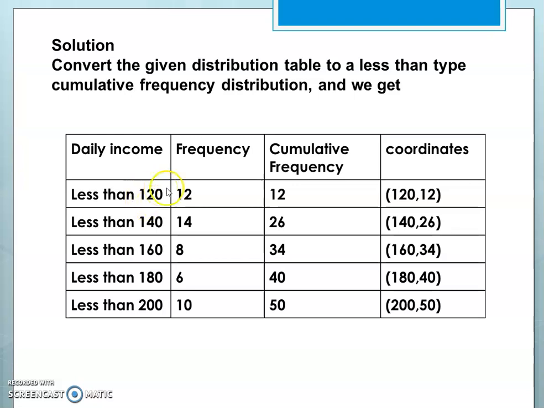So 120 and the cumulative frequency corresponding to that, that is 12. Next one will be 140, 26. That means this column and the cumulative frequency column, these two together will form the x and y coordinates. So 140, 26, 160, 34, 180, 40 and 200, 50. These are the coordinates which I need to plot and obtain my less than type curve.